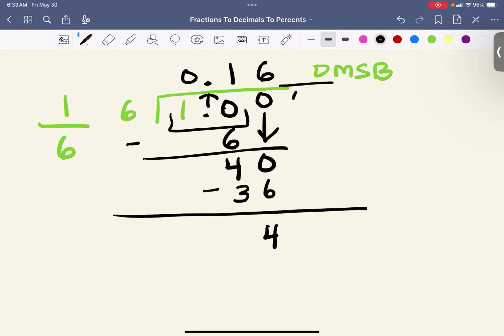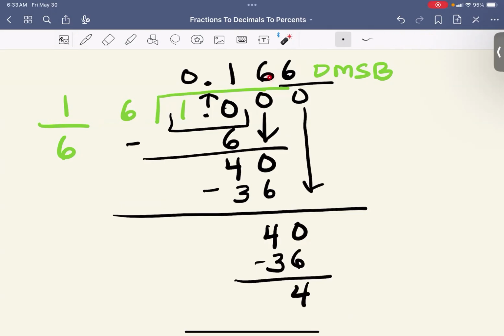I'm going to add another 0 to keep dividing. And you notice I have 40 again. If I keep going like this, 40 divided by 6, I'm going to get 6. Multiply, 6 times 6 is 36. I'm going to keep getting a 4. So the 6 is going to repeat.